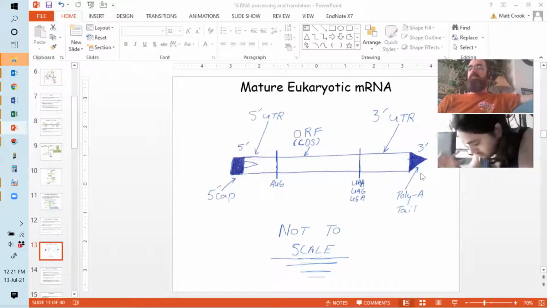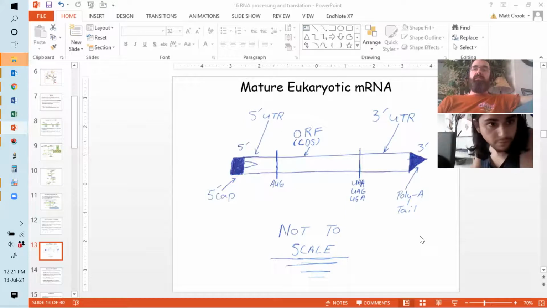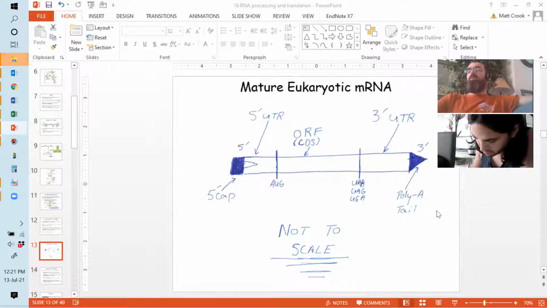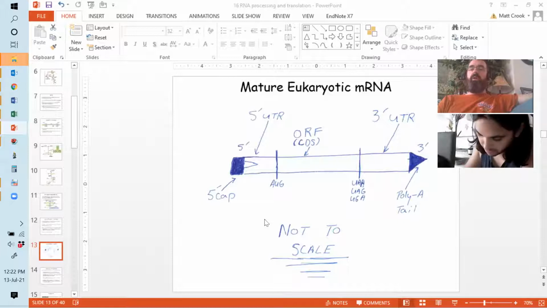Then at the very end, we have the poly-A tail, which serves both to protect the 3' end of the transcript, and it's important in translation as well. So all of these parts of the mRNA serve a purpose. They're either the information itself, the open reading frame or the coding sequence in the middle, or they're things that are involved in stability or translation.